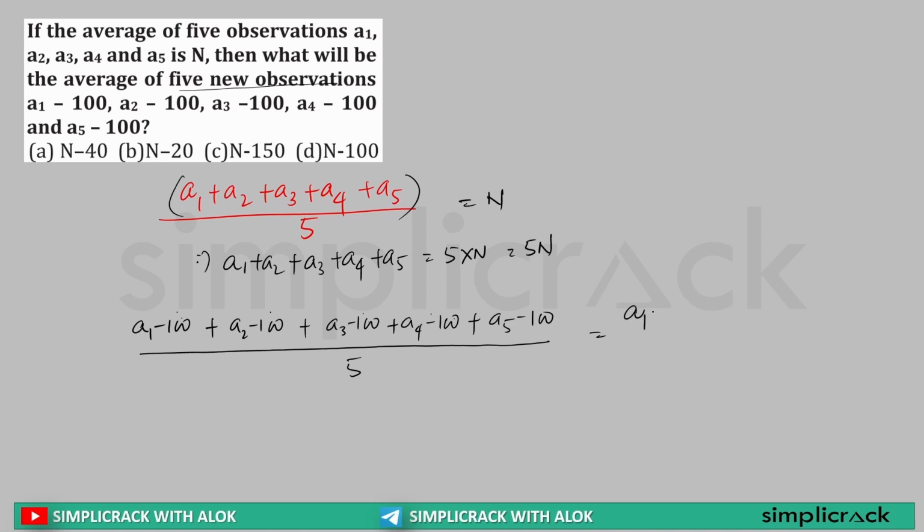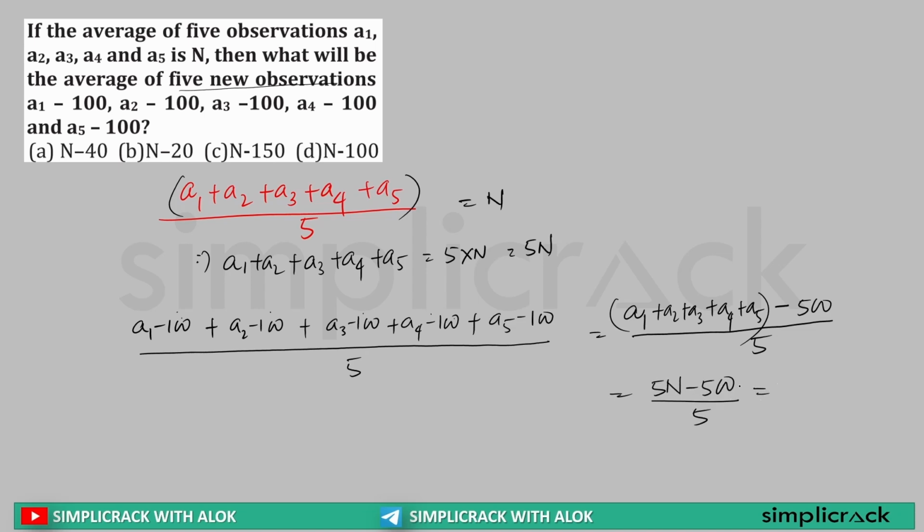Sir, this can be written as A1 plus A2 plus A3 plus A4 plus A5 minus 500. Yes or no? I just simply added all the hundreds, divided by 5. Sir, I know A1 plus A2 plus A3 plus A4 plus A5 is equal to 5n. So, sir, I can write in this place 5n minus 500 by 5.